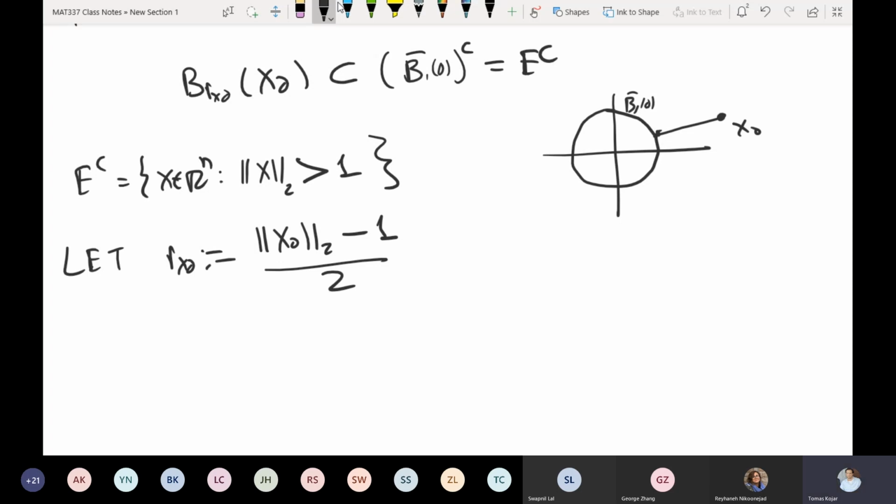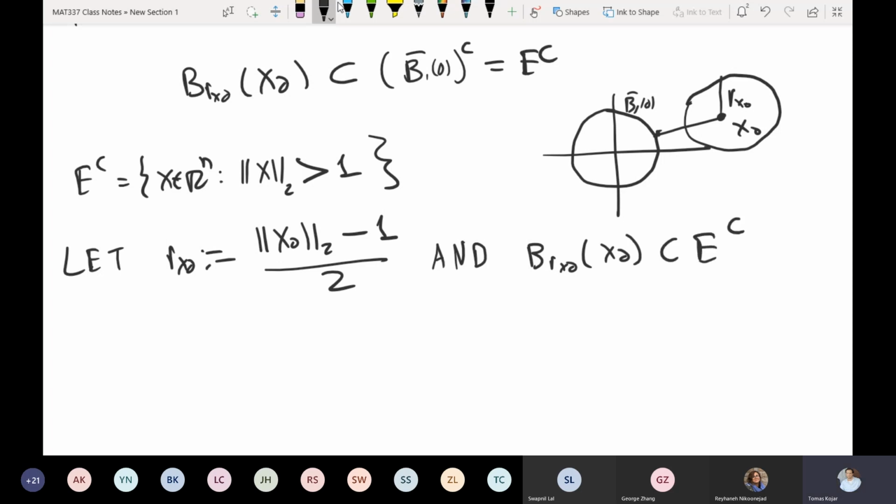This is x naught, and this is the ball. B_{R}(x naught) is fully contained in the complement because, what do we have?